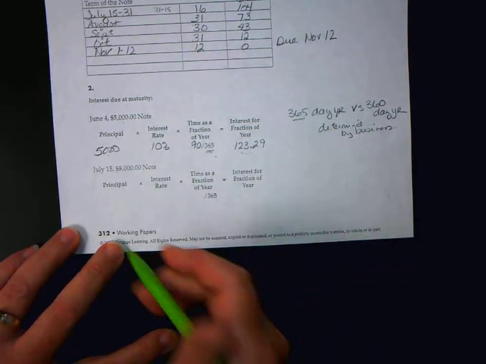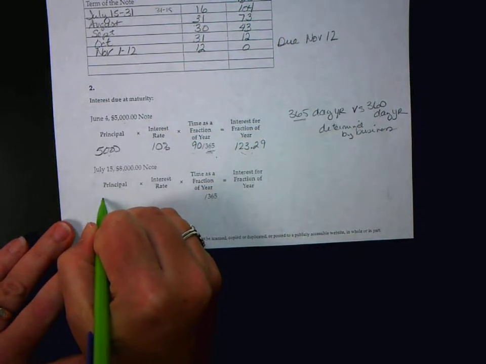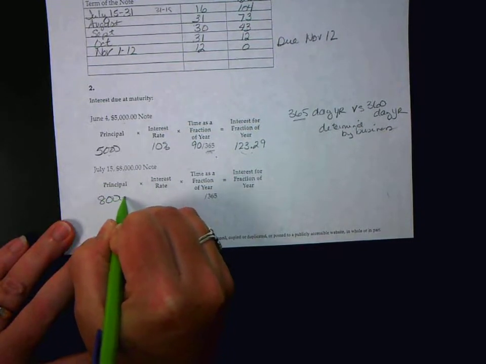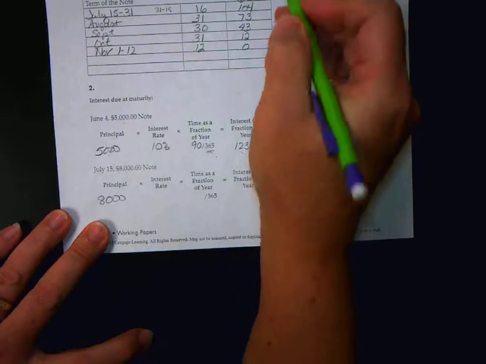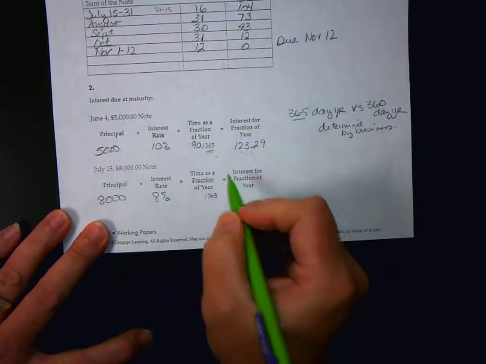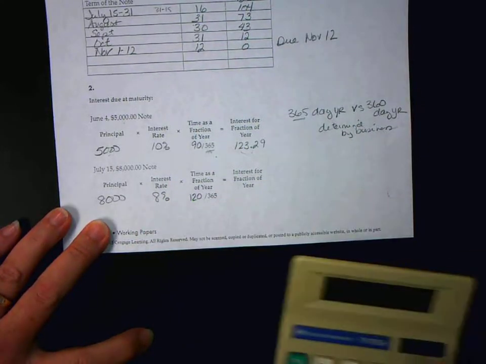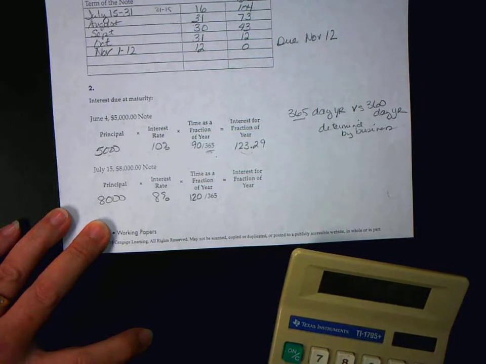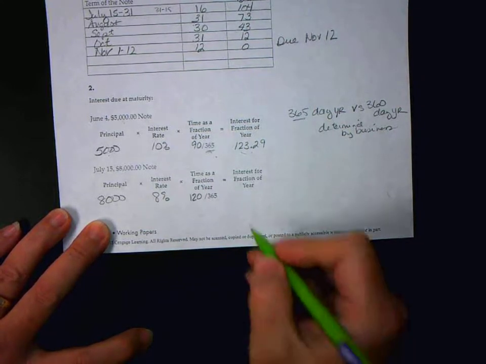Okay. All right, so same thing on principal. This one was the $8,000 note. It was 8% interest, and it was 120 days. So 8,000 times 8% times 120 divided by 365 comes to 210.41.